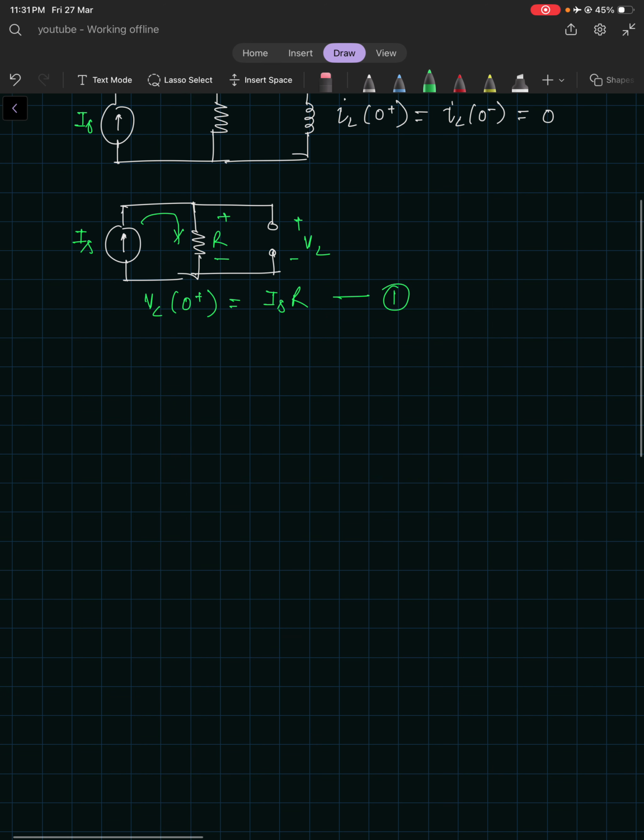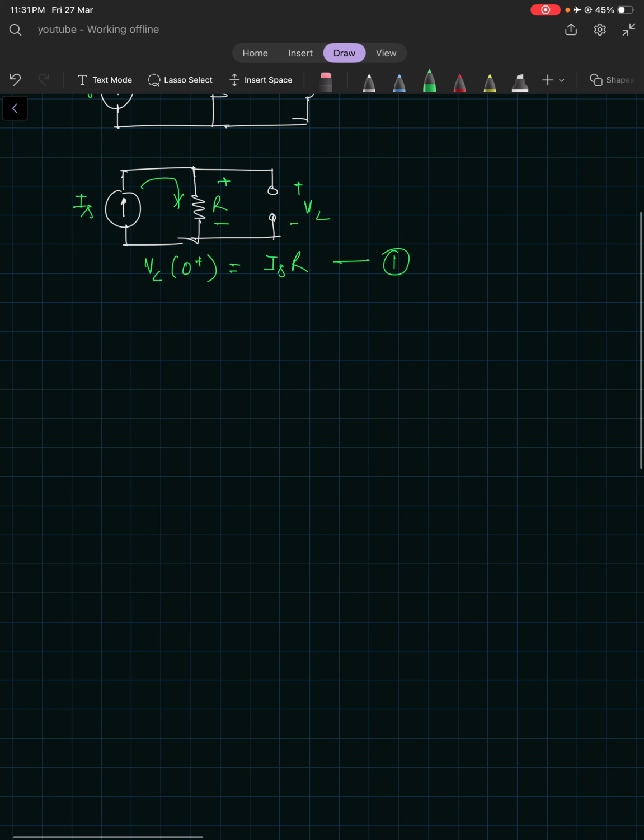So what does this signify? It's a finite quantity, a finite value. And this VL was appearing across the inductor also.